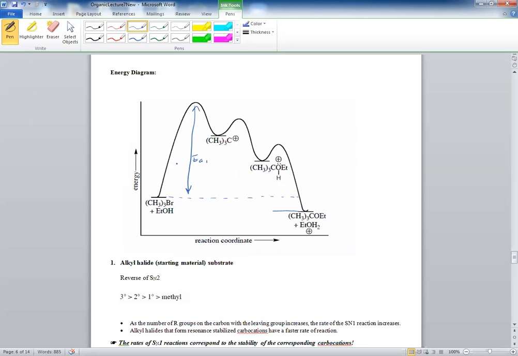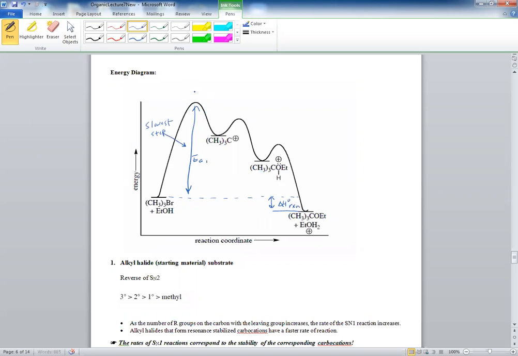So here's your slowest step, or the rate limiting. Of course, the difference here is delta H, so it's still an exothermic reaction.